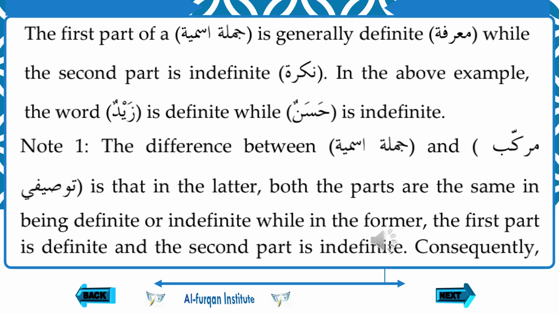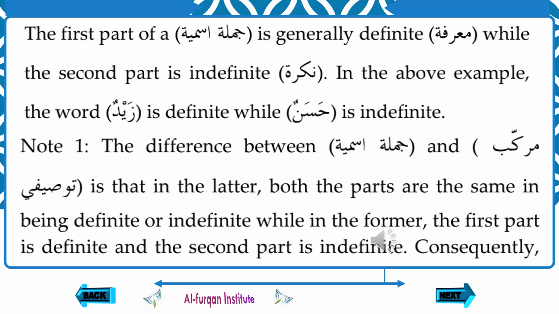This is the first part of the sentence, and it is typically definite, that is, ma'rifa. While the second part is khabaru, the predicate or news, and this part tells us something about the subject. It is usually indefinite, nakiratun.